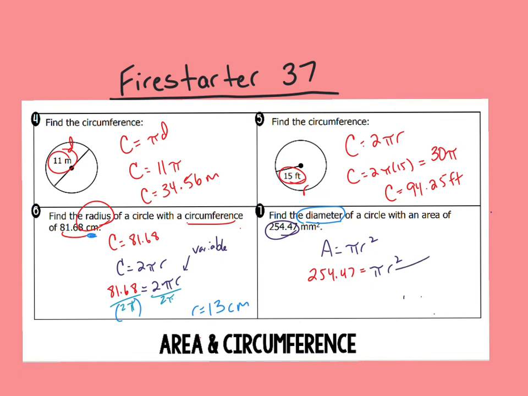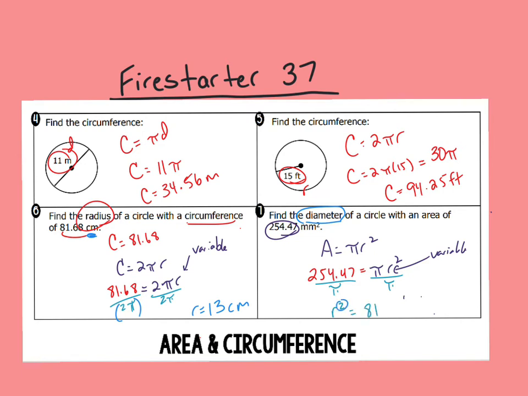Remember, r is my variable. So to use PEMDAS backwards to solve, I have to divide by pi first. So I'm going to do 254.47 divided by pi. So I get r squared, I just moved it to the left, is about 81.